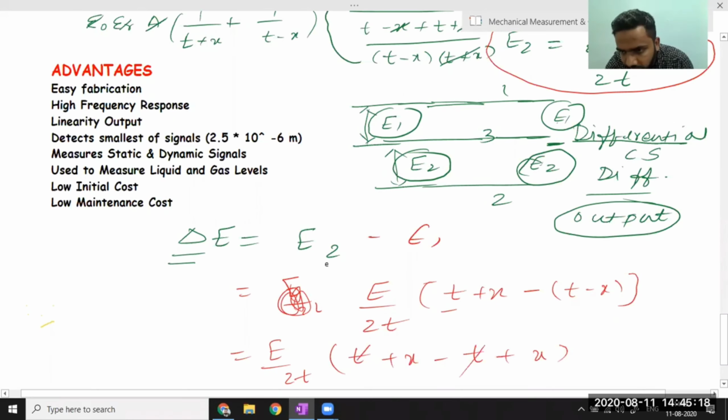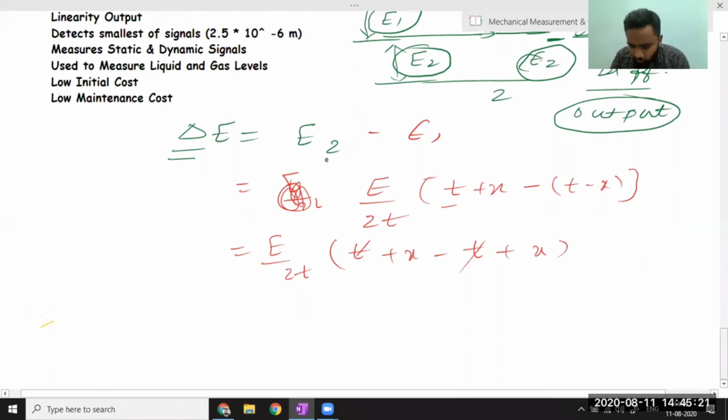So what is remaining? What is the differential output voltage that I am getting, the difference in the voltage across the plates? You have already seen this kind of system, like plus and minus. Now what you have to do is take one voltage, which is at a higher value, as plus, and another voltage, which is at a lower value, as minus.